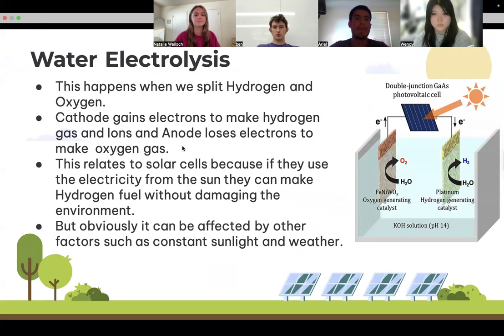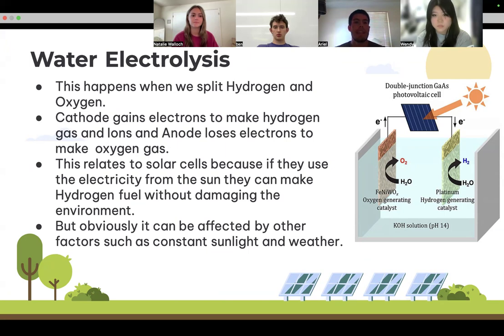Yeah, and for my part, I was going to connect solar cells to water electrolysis. If we remember from class, water electrolysis is when we split water into hydrogen and oxygen. The cathode gets electrons to make hydrogen gas and hydroxide ions, and the anode loses electrons to make oxygen gas.